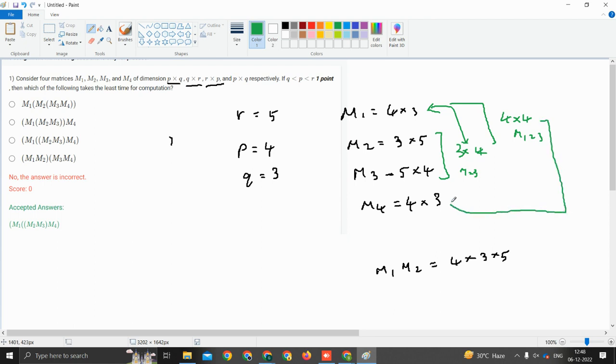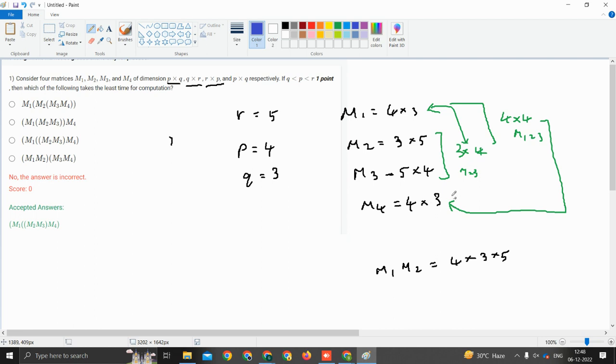Just 1 second. If we take M23, it becomes 3 cross 4, and 4 cross 3, so we get a 4 cross 4 matrix when we multiply it by M1. Correct, that's what I have done.